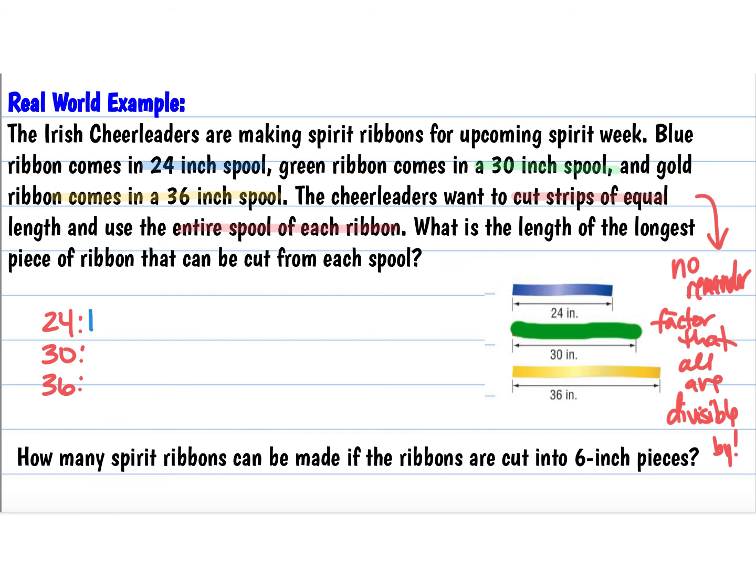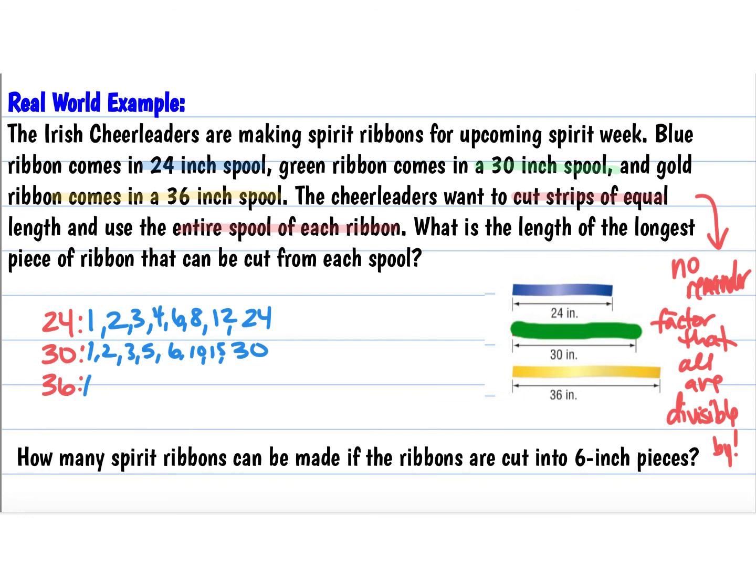So I get 1 times 24, 2 times 12, 3 times 8, and 4 times 6. For 30, I know 1 times 30, 2 times 15, 3 times 10, I might have gotten too small here, 5 times 6.